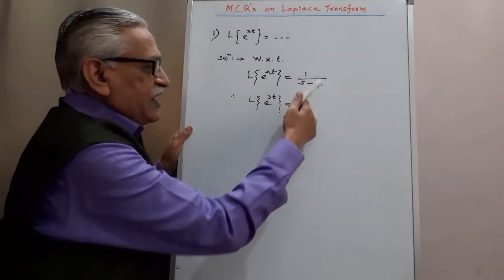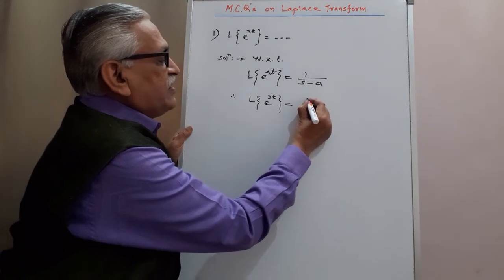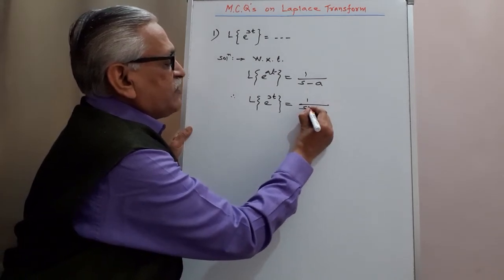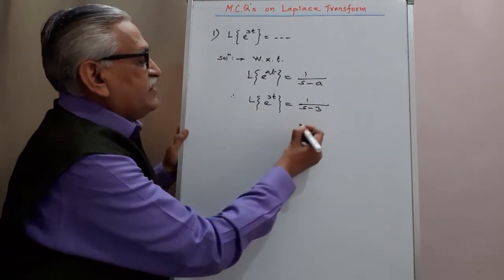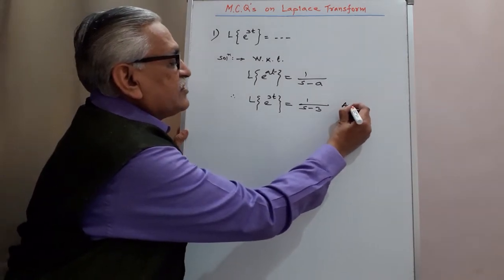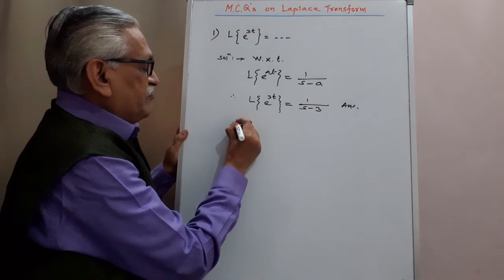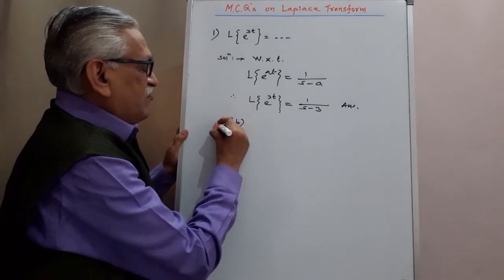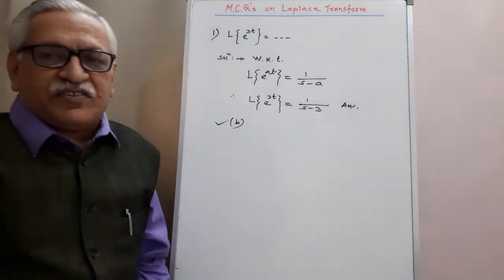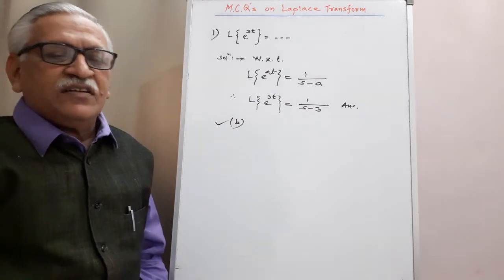Substituting a as 3 here, we get 1 upon s minus 3 as the answer, that is option B is the required answer. Very simple.